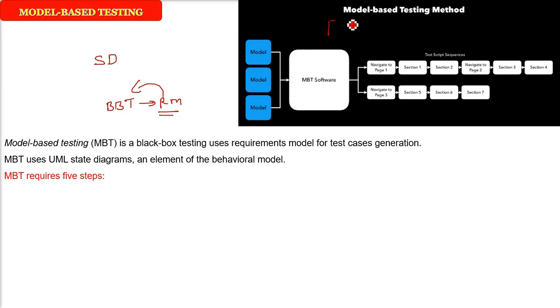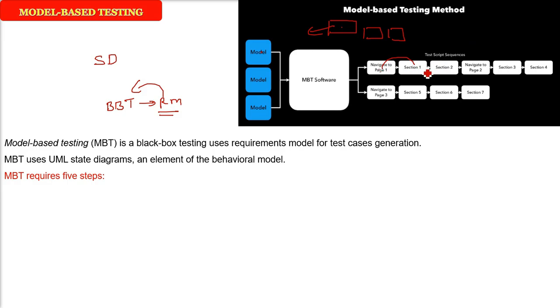For example, if this is a website and you are clicking somewhere, say add to cart, some other buttons should come up. So we have to model what will happen to the previous button when we click that other button. In a web page, for example, which page we are going to, which section a user can go to, where he can navigate.